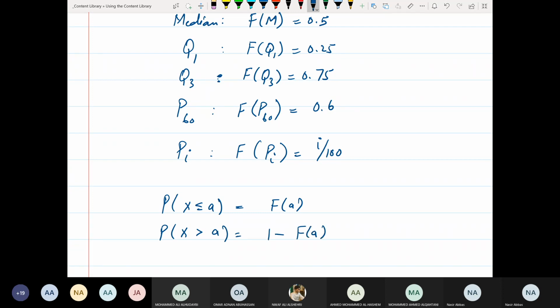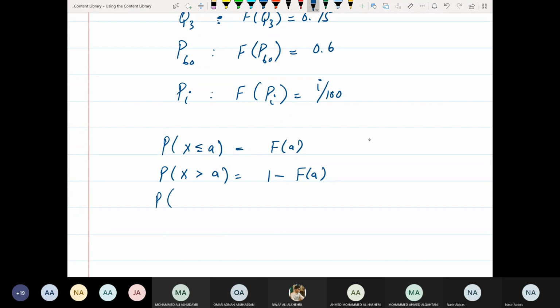And the probability of x between a1 and a2 will be capital F of a2 minus capital F of a1. This is all that we have done so far. If you have any question out of all this general case, you may go ahead now.